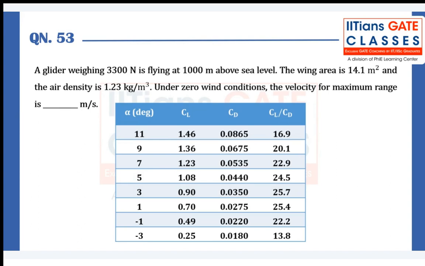So you have a series of data. What he is asking is the velocity for maximum range. A glider weighing 3,300 Newton.